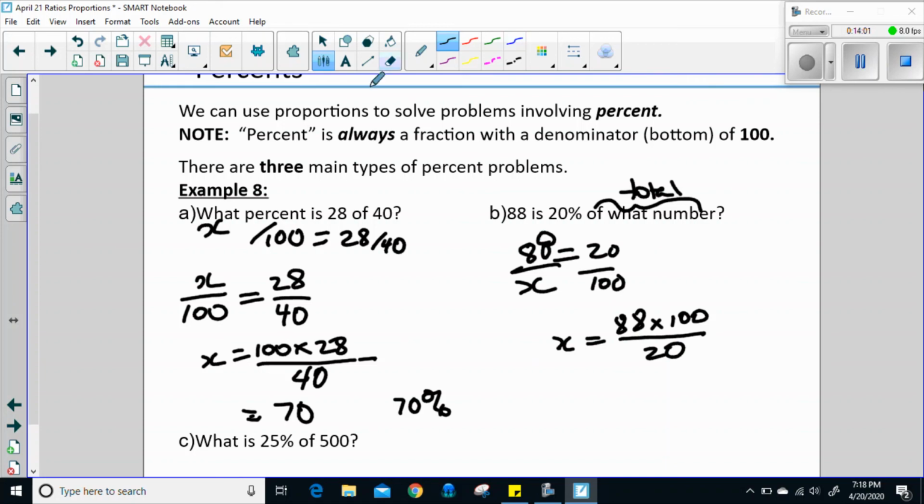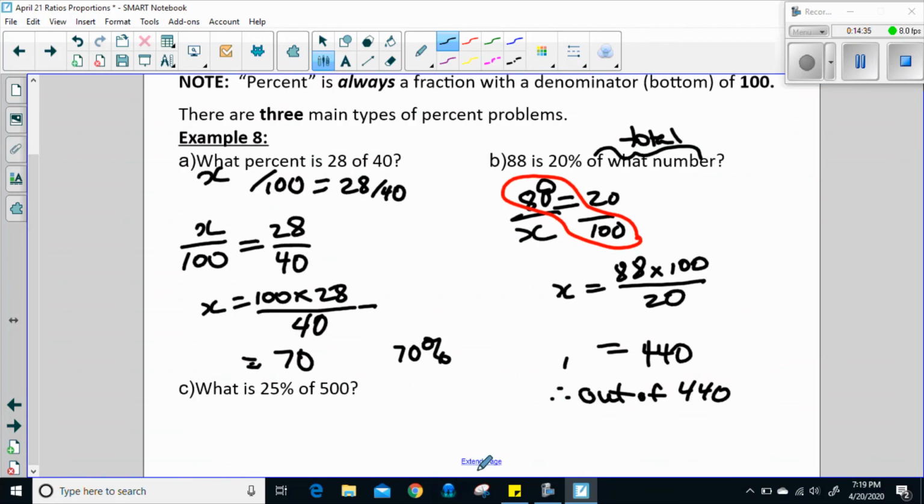So we're just cross multiplying again. Find our numbers that are diagonal from each other. They go up top. The one diagonal from the x is what we're dividing everything by. Good. So 88 times 100 divided by 20 should give us a total of 440. So therefore, it's out of 440. That's our total.